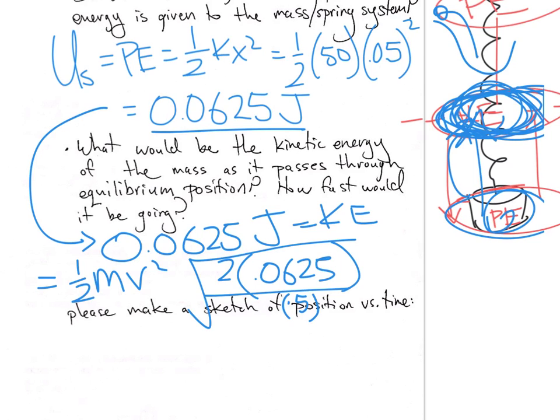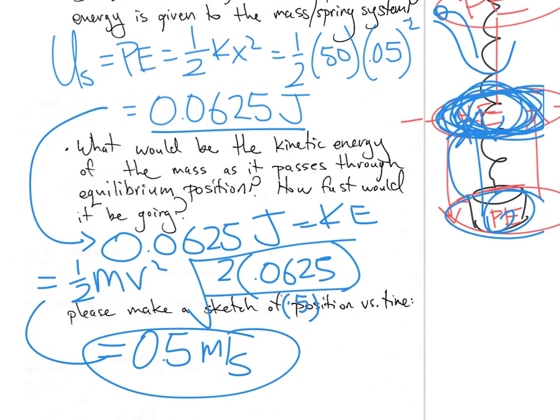So let's divide by 0.5. Cool. So this says 0.5. And what we're looking for is the speed, so this would be meters per second. And again, this is for the question up here.